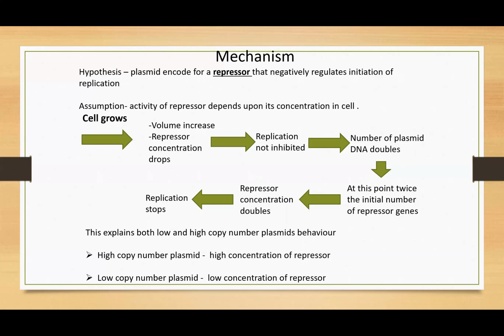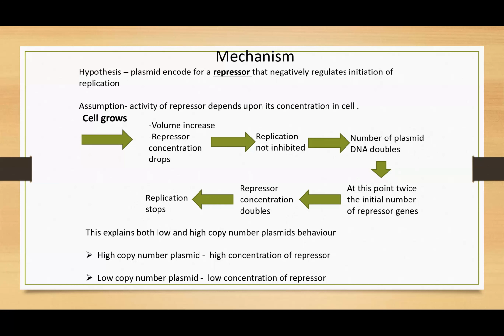So basically, what's happening here is that with the increase in the cell size, the concentration of the repressor drops, which allows replication to occur, and the one plasmid becomes two plasmids. And then when there are two plasmids in the cell, they both make repressor, and therefore the concentration of the repressor goes up again, and it stops the replication.